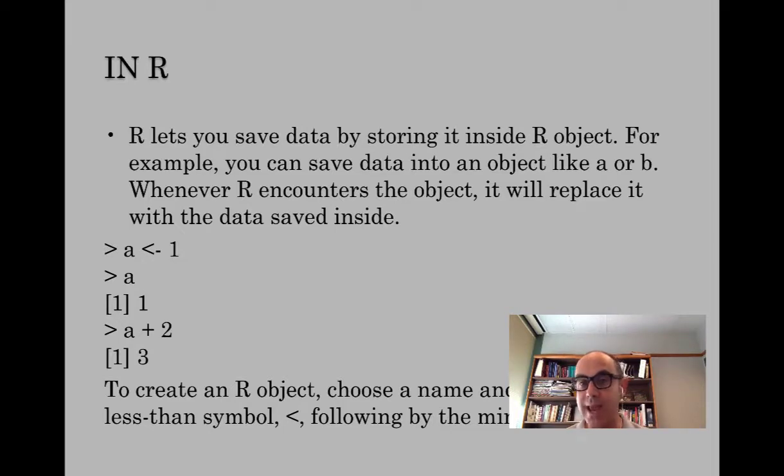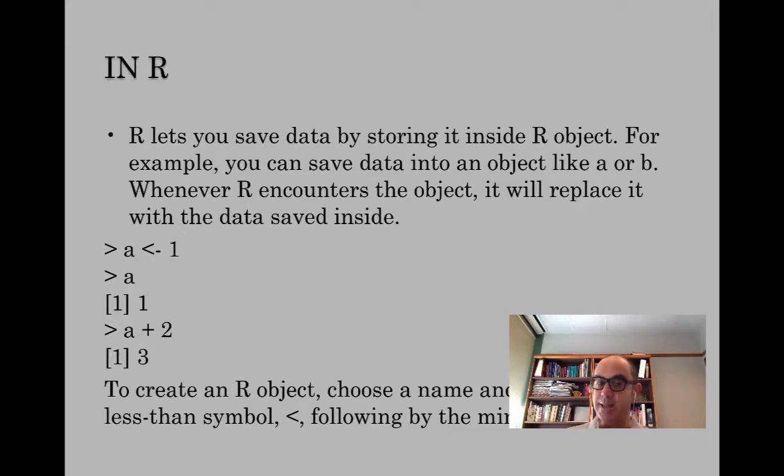How do we store data? I will start with a simple example, and I will try to follow up on that and make more if it makes sense. In this case, wherever R encounters the object, it will replace it with the data saved inside.